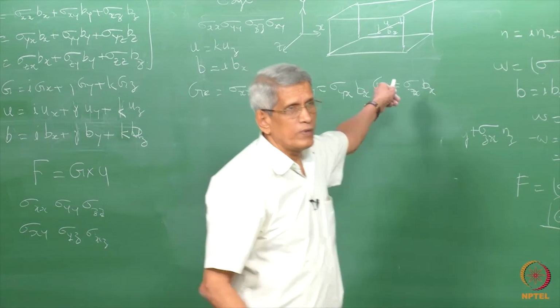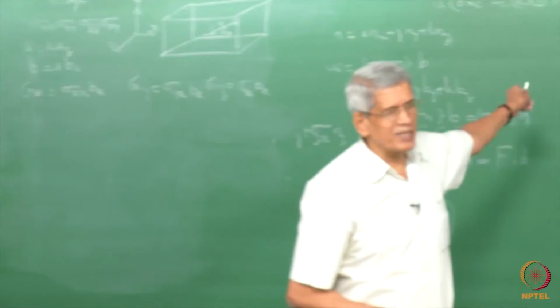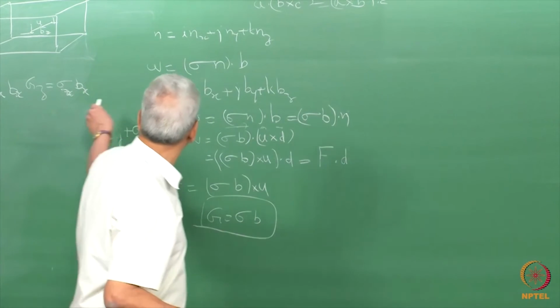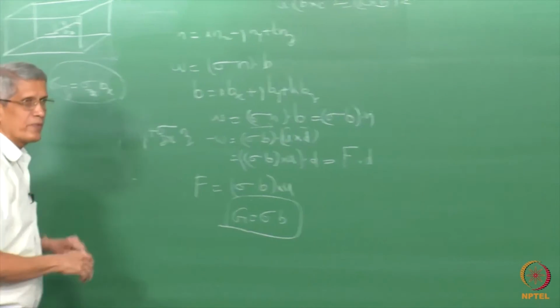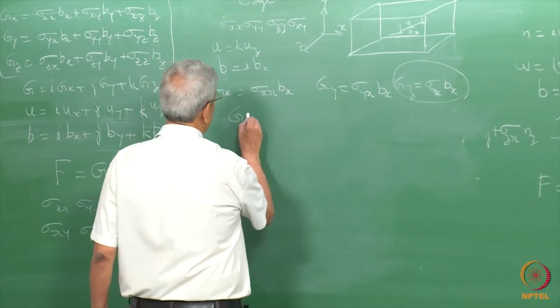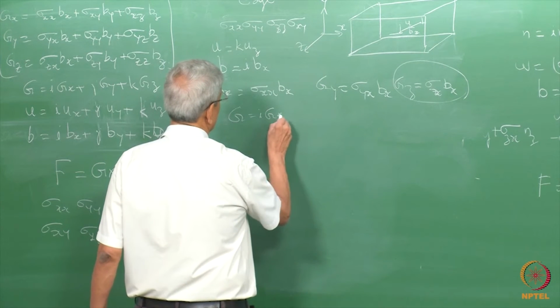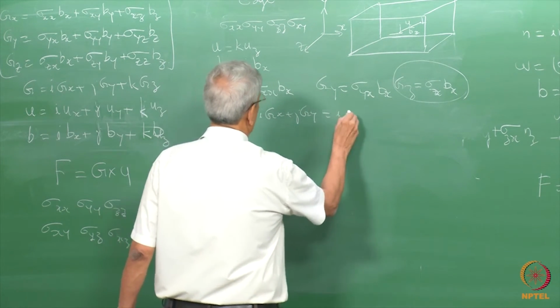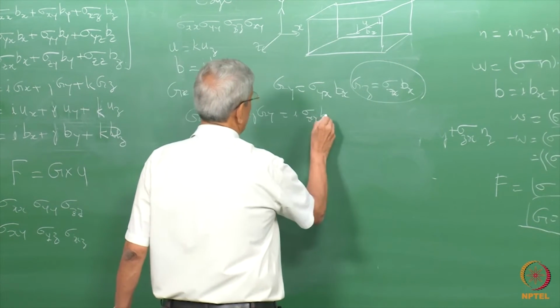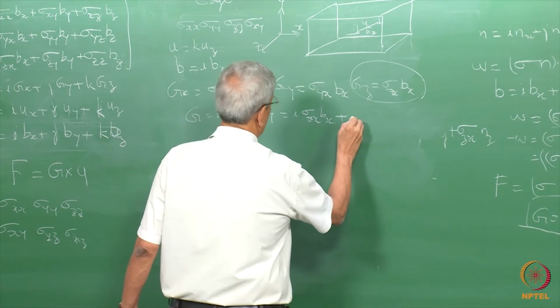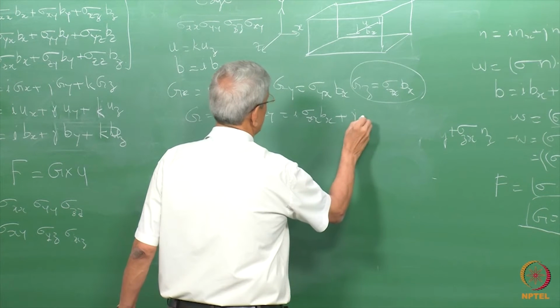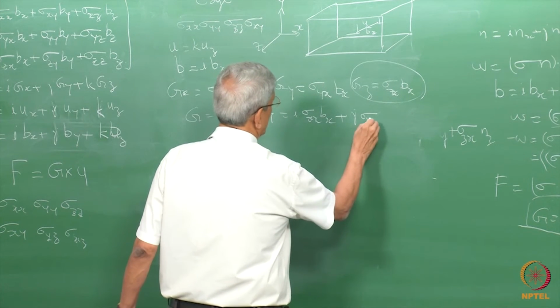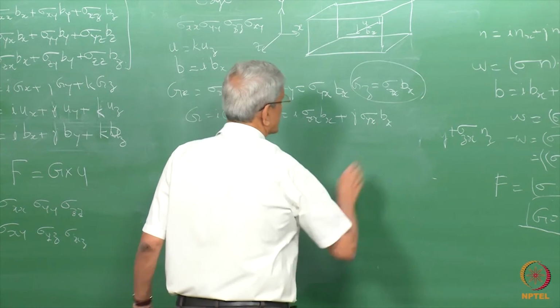Sigma zx will not have any effect on the dislocation displacement, so this term is going to be 0. Now G will be i into Gx plus j into Gy, that is, sigma yx into bx, correct?